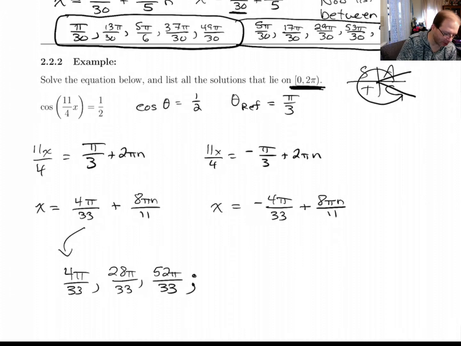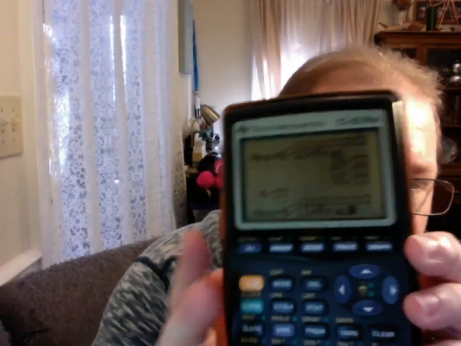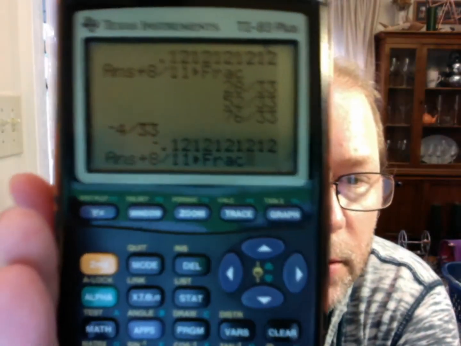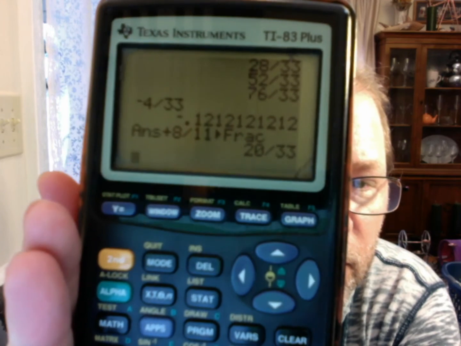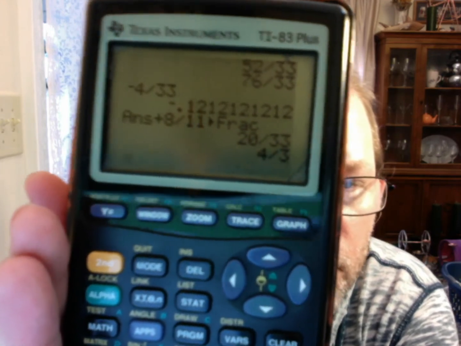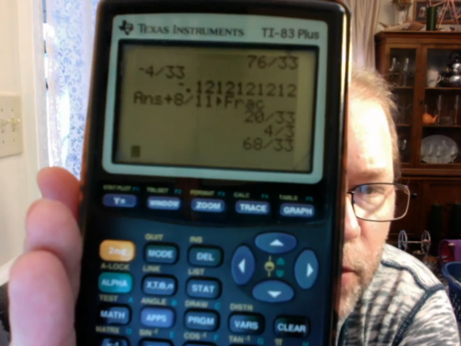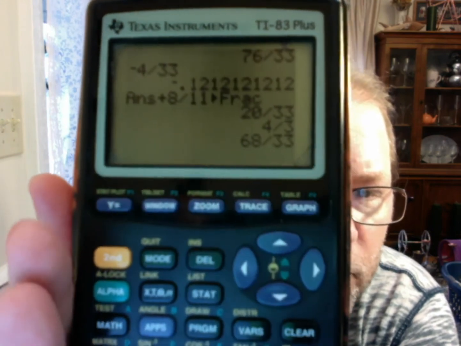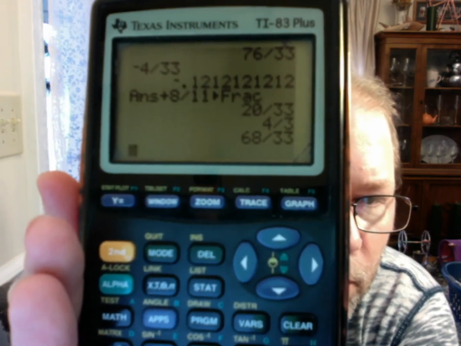Then for the other one, we're going to start with negative 4 over 33 and add 8 over 11 to it. So let's see, we get 20 over 33, 4/3, 68 over 33. That's bigger than 2. So we don't need that one.